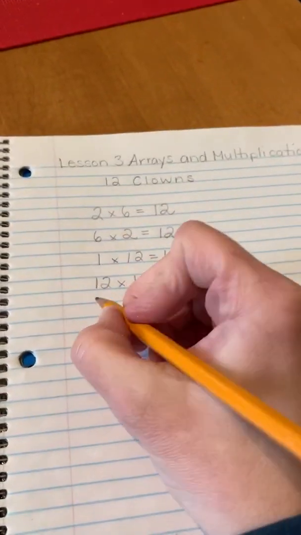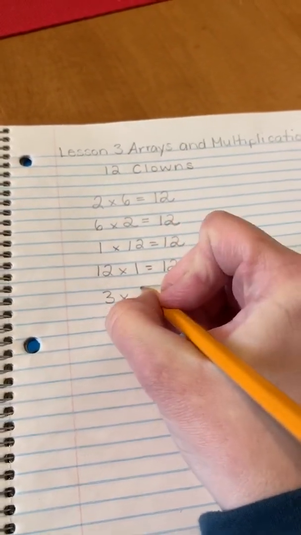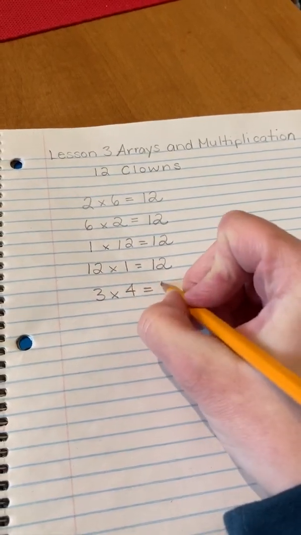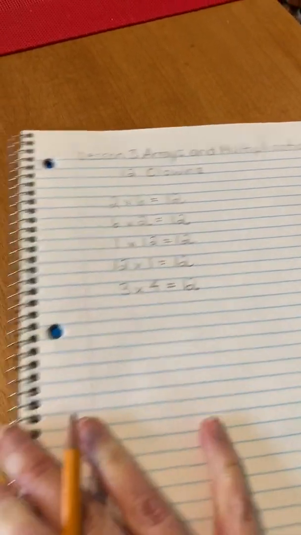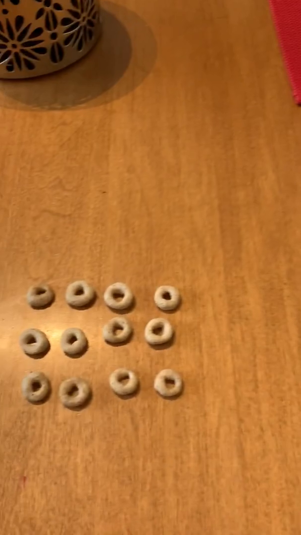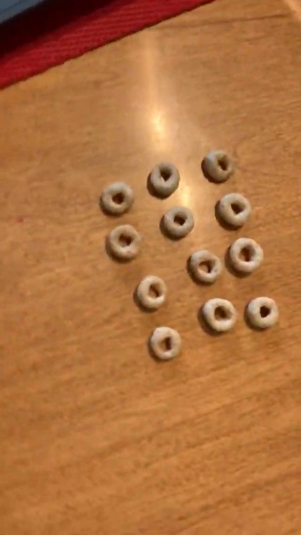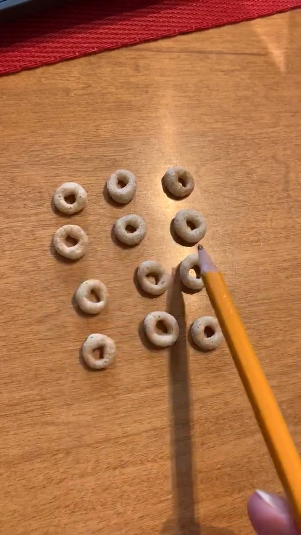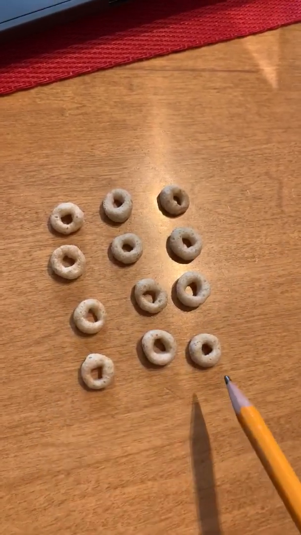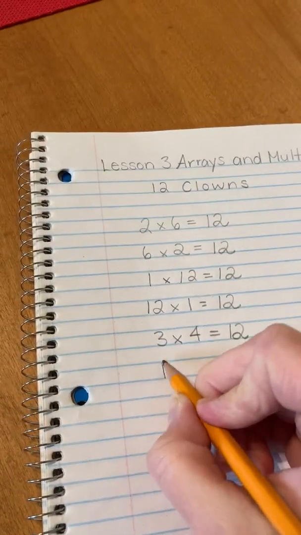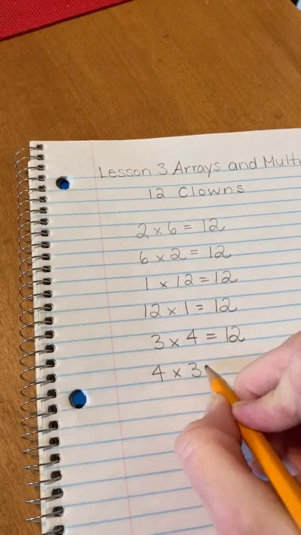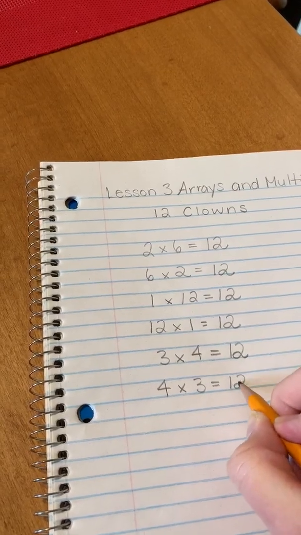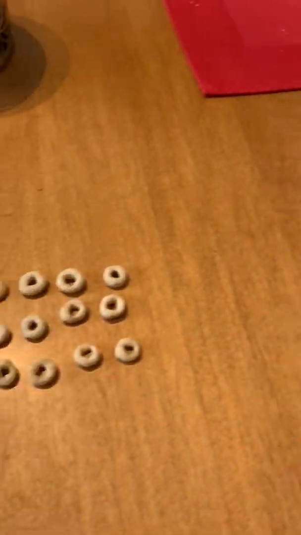So that becomes 3 times 4, also equals 12. If I flip it the other way, I can see now that I have 4 rows of 3. That becomes 4 times 3 equals 12.